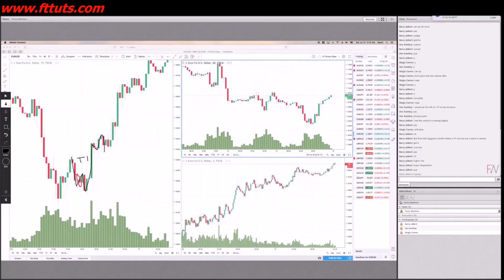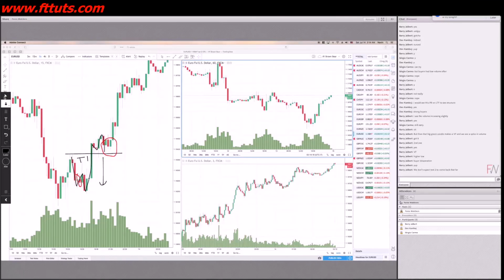Now, if test 1 is lopsided like this, your test 2 is not going to come back down till this area here. So we don't expect test 2 to come back that far. Exactly. It won't come back down that far because your test 1 performed so strongly.